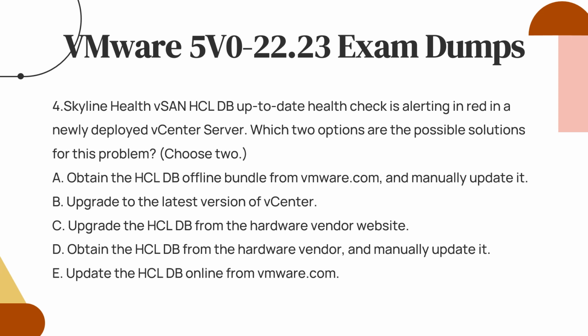B. Upgrade to the latest version of vCenter. C. Upgrade the HCLDB from the hardware vendor website. D. Obtain the HCLDB from the hardware vendor, and manually update it. E. Update the HCLDB online from VMware.com.